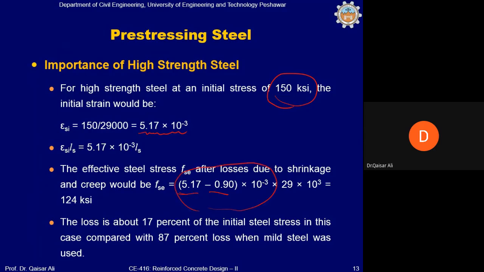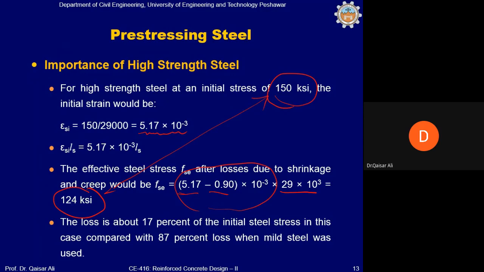When this is multiplied with E, we will still have 124 ksi left in the steel bar, which was initially 150 ksi. And 124 ksi is a substantial value of stress for the pre-compression, unlike the previous case in which there was a complete loss of stress.